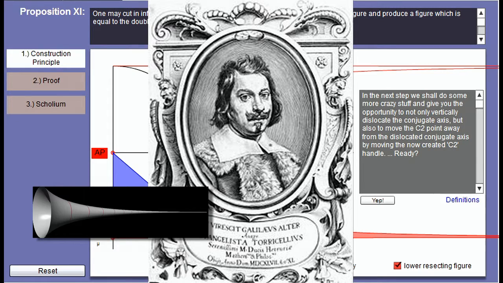And Torricelli was able, by means of the Cavalieri principle, to show that the surface area of this very trumpet is infinite, while the volume of this trumpet is actually finite. And this at the time was a big paradox.